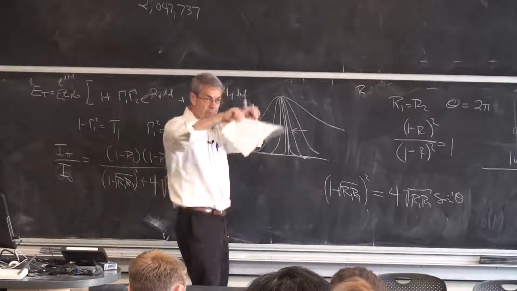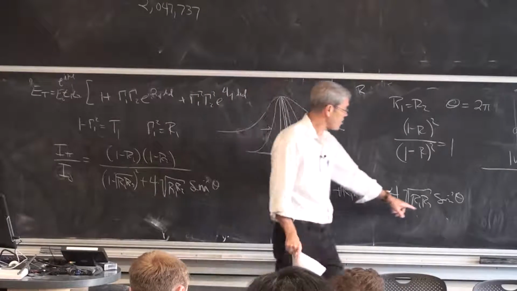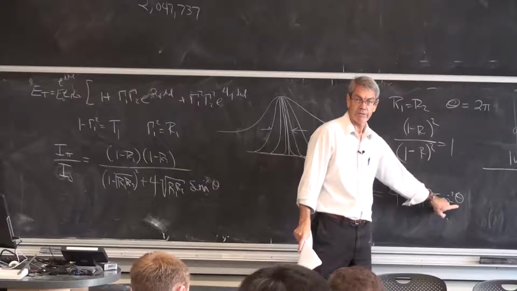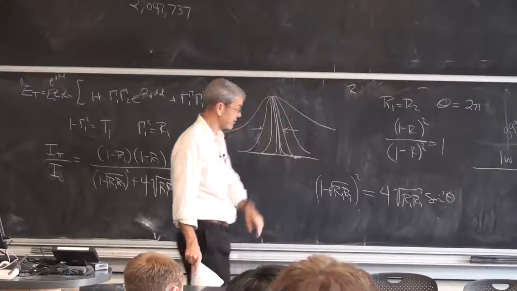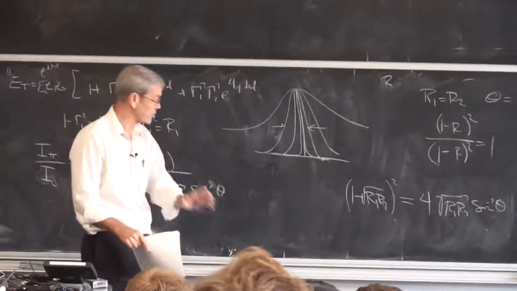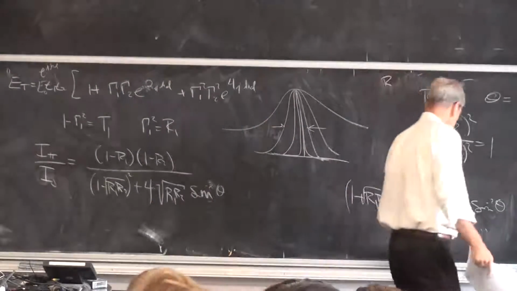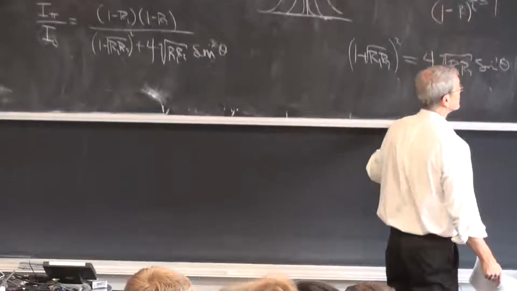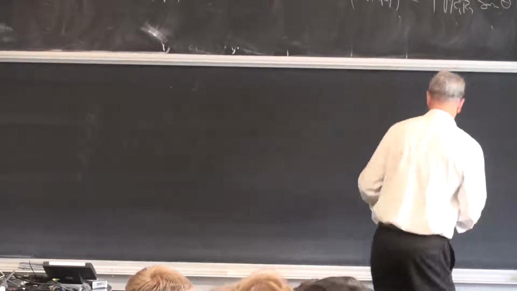And so that's when I know I'm at my half power point, and I can solve that for theta, which is my phase term, KD, and figure out where my half power points are in terms of these R's and so forth. It's just algebra basically.